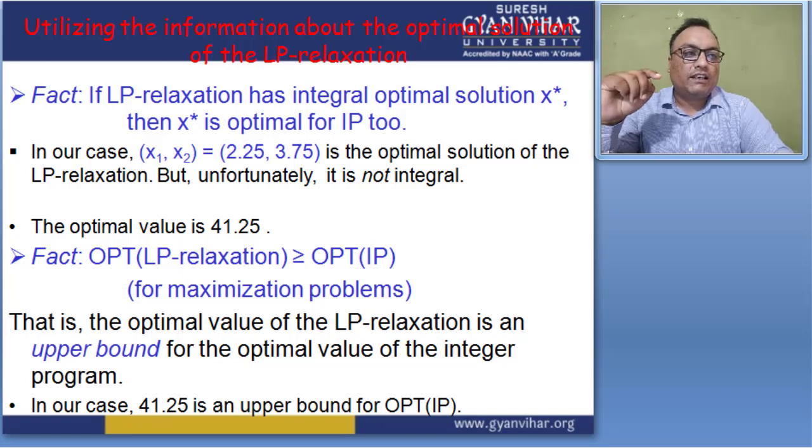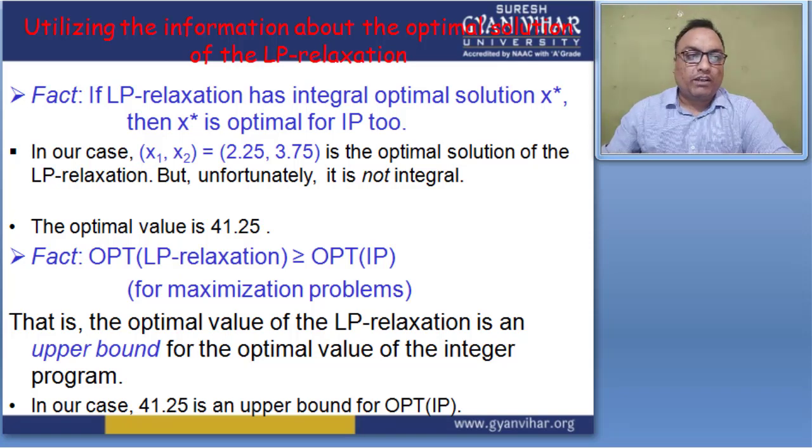In this case, x1, x2 are 2.25 and 3.75. This is the optimal solution of the linear programming relaxation, but unfortunately it is not integral.